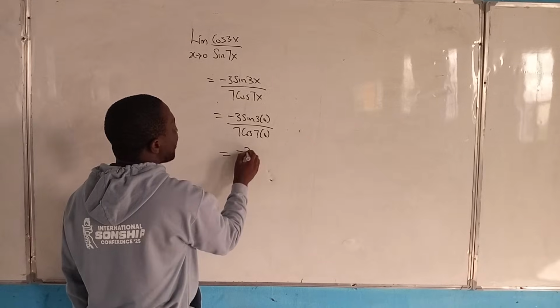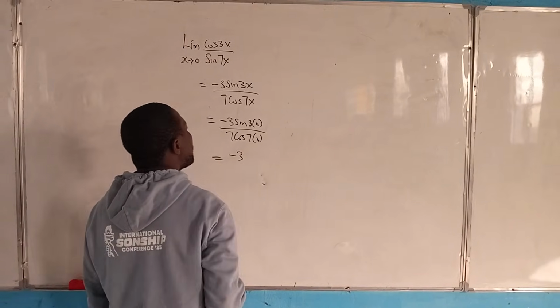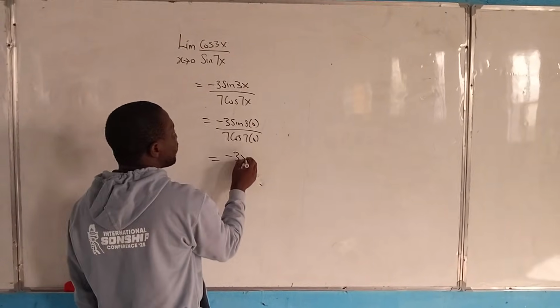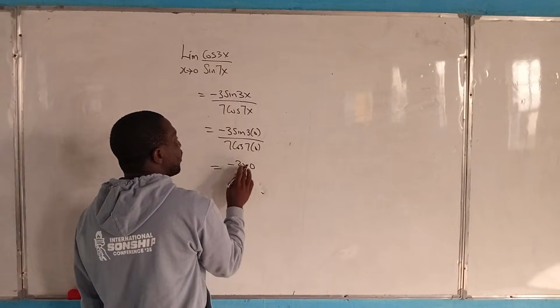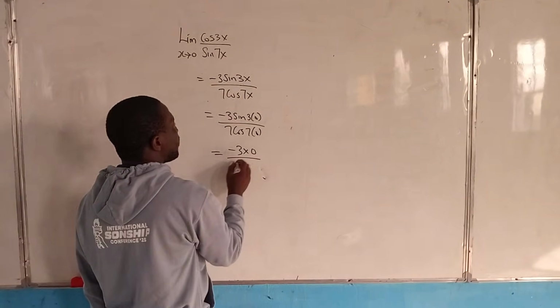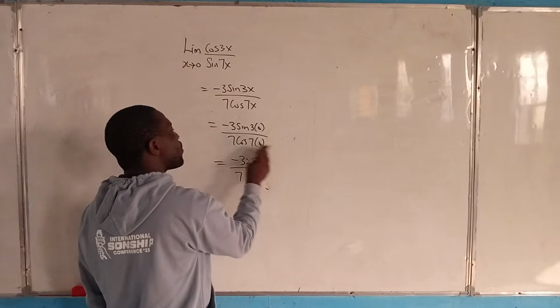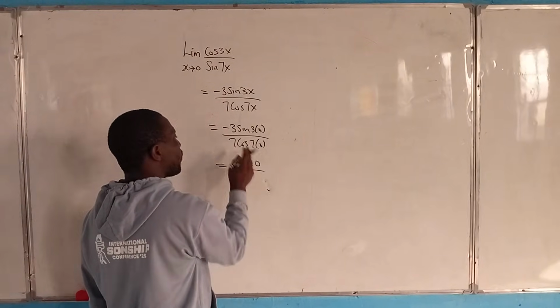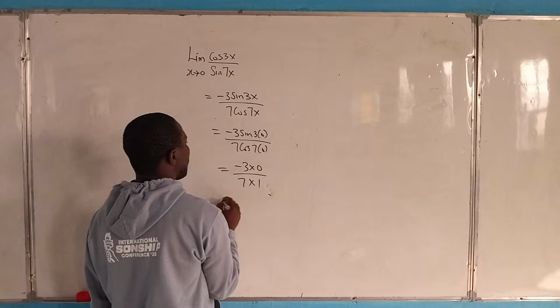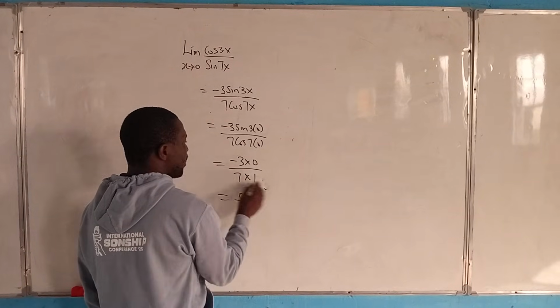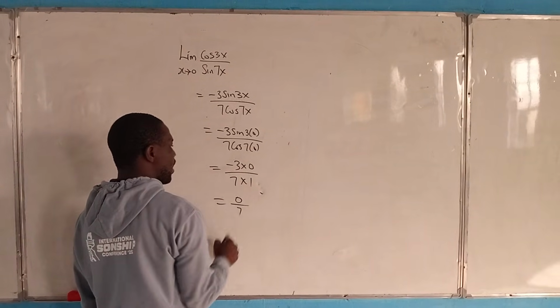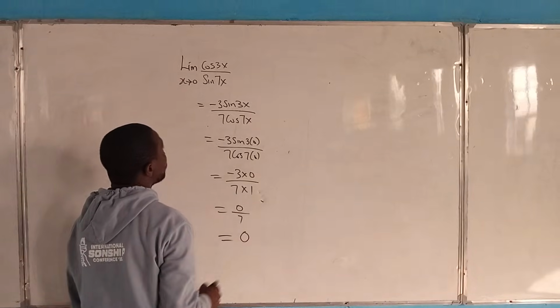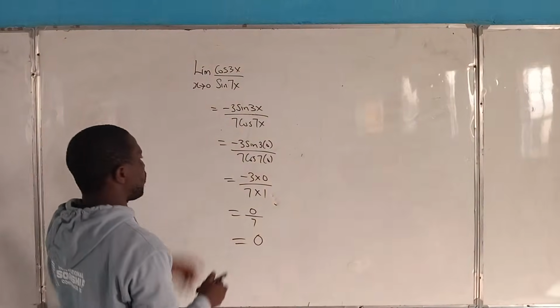That will give you minus 3. What is sin 0? Sin 0 is 0. Then I have 7. What is cos 0? Is 1. Minus 3 times 0 is 0. 7 times 1 is 7. 0 divided by 7 will give me what? 0. So the limit of this function is 0.